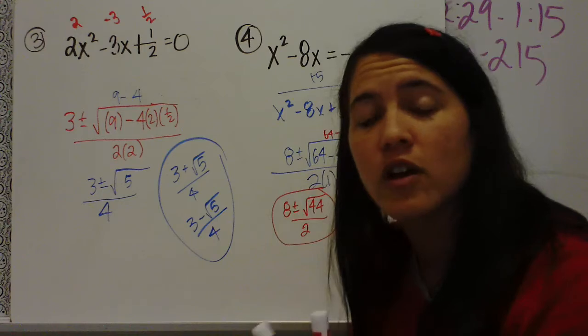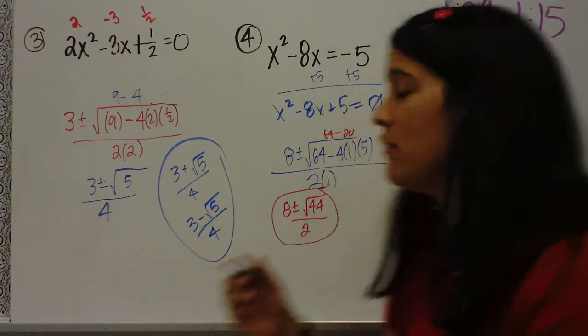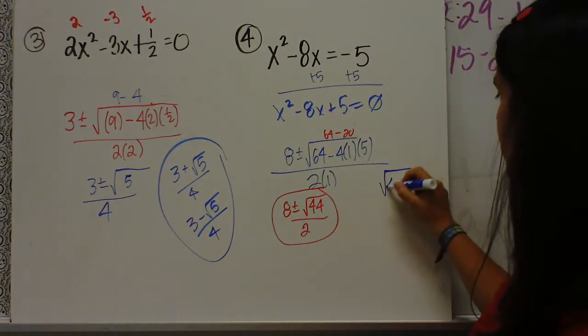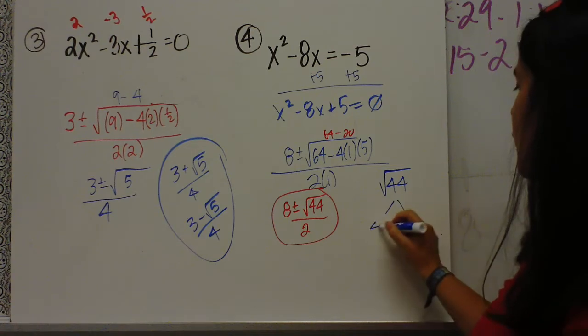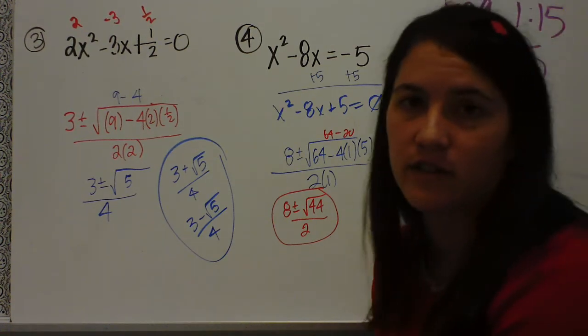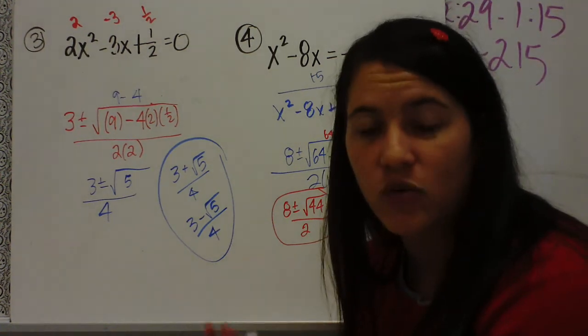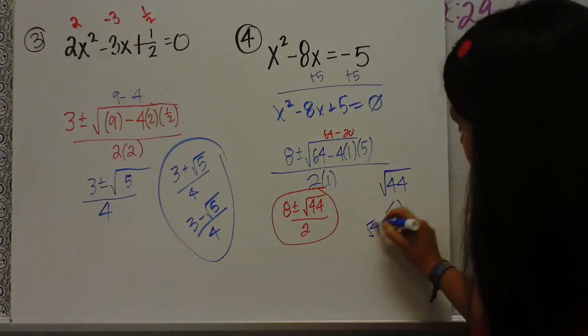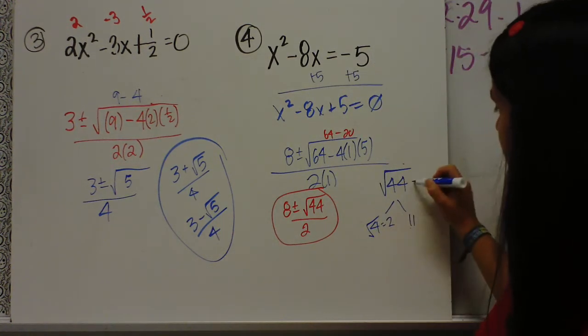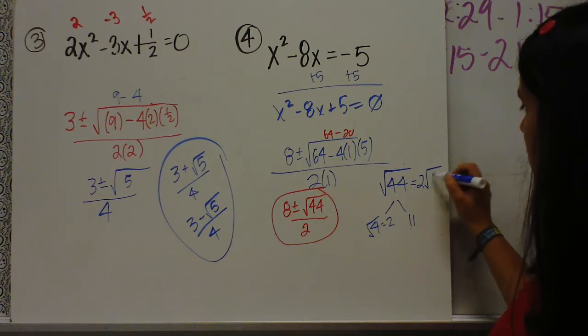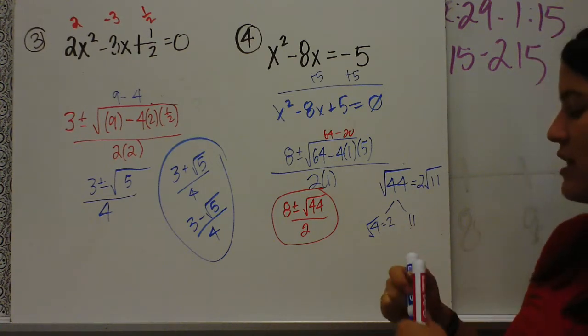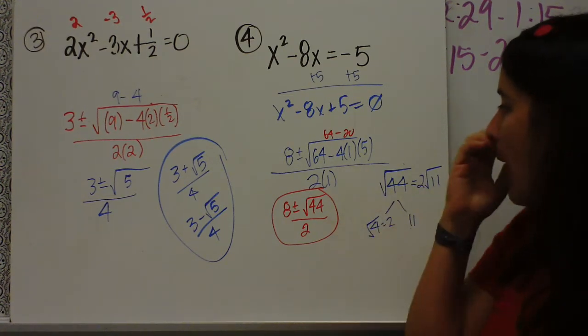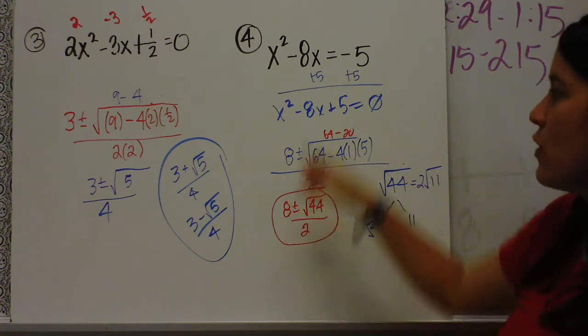Now some papers that you see might ask you to simplify the square root of 44, which is the square root of 4 times 11. 4 is a perfect square. So what's the square root of 4? It is 2. So the square root of 44 is also equal to 2 times the root of 11, if that's a little extra. You can just leave it for right now, square root of 44.